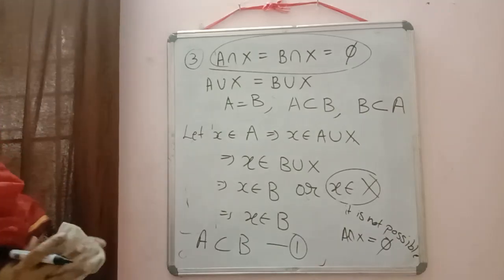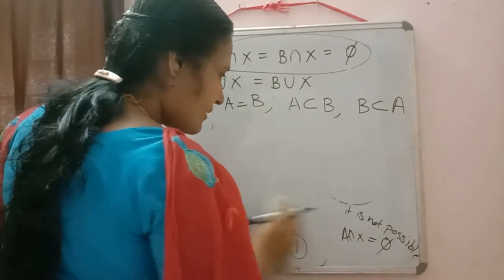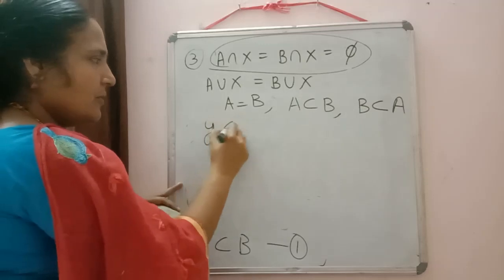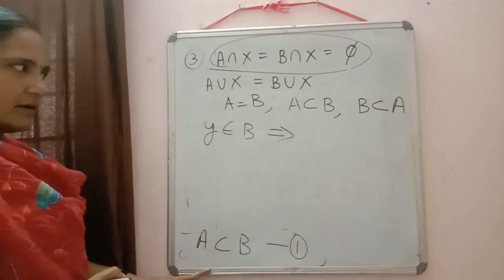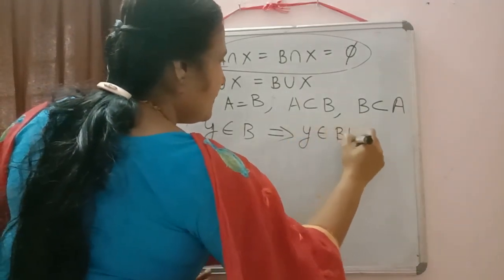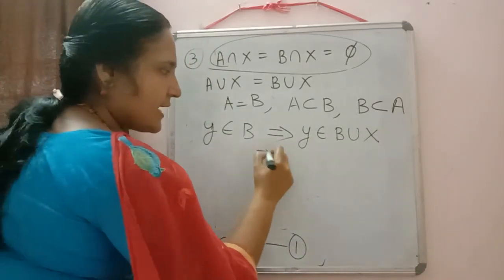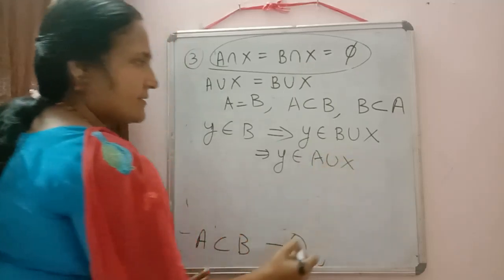In the same way, now we will prove B is a subset of A. So again write down an element y belongs to B. Can you write what will be the next step? Yes, it will be y belongs to B union X. And B union X can be written as y belongs to A union X. Why I wrote?